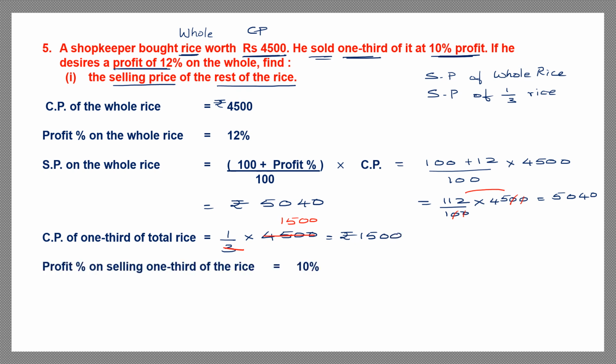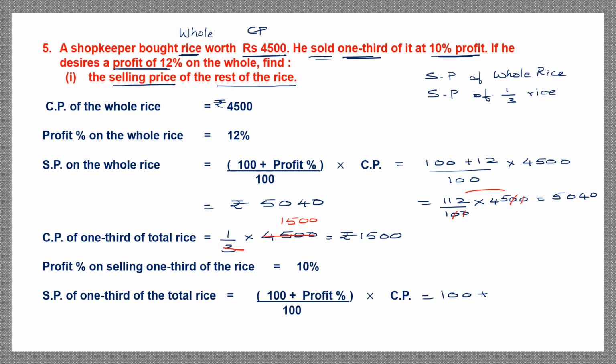We have the profit percent on selling one third of the rice, which is already given to us in the question, 10%. And now we can find the selling price by using this formula. So this is 100 plus profit percent, which is 10%, divided by 100 into the cost price. And the cost price now is 1,500.